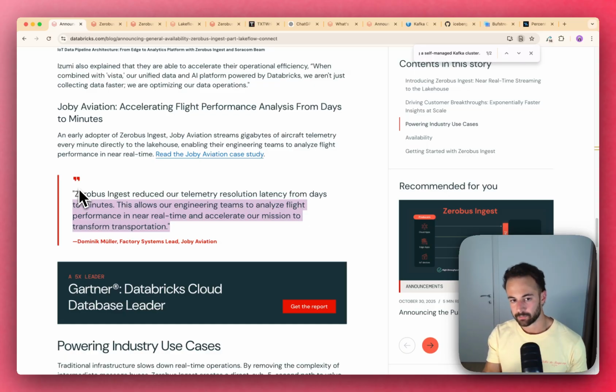Now, where you would want to use Kafka is if you wanted to do more things, if you wanted to have programmatic responses from, let's say, aviation telemetry data. If you wanted to trigger some sort of automated task when, I don't know, the planes have been flying too much.